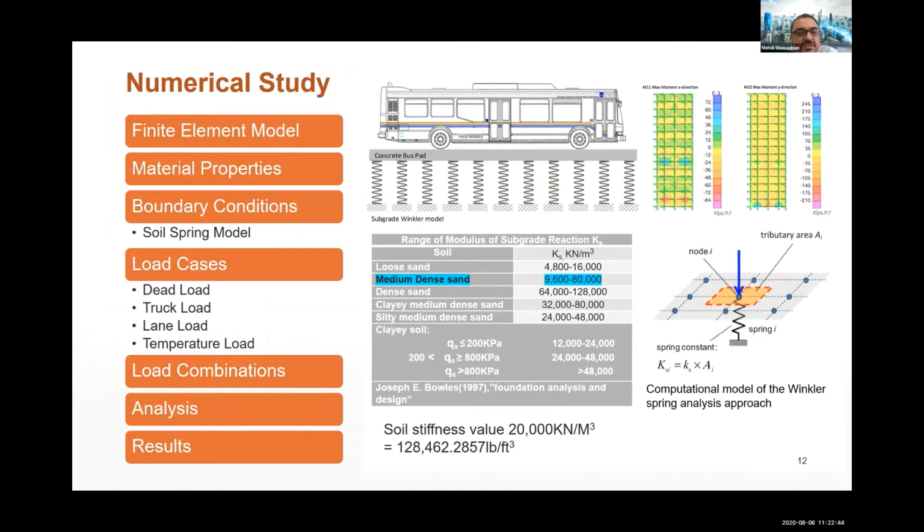In terms of the load combination, we also consider all possible different scenarios, combining all of these load cases, and then we perform analysis using the software and present the results.